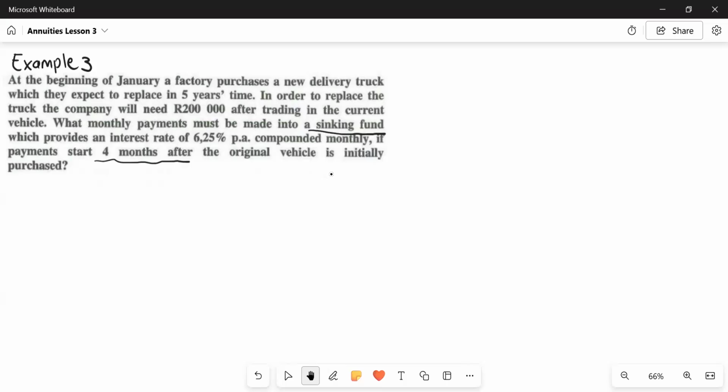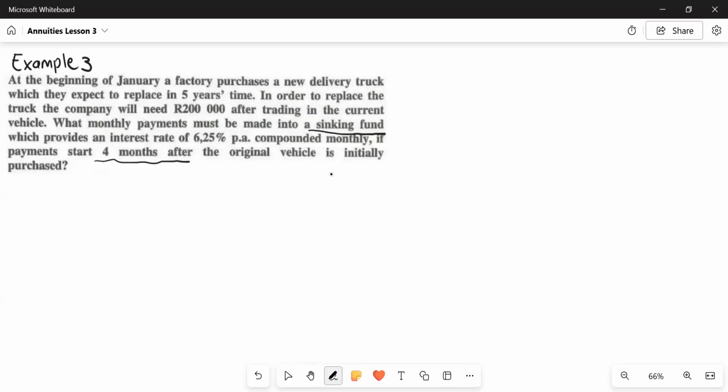Because normally for a sinking fund, the first payment is made 1 month after the purchase of the vehicle. But here, it was made 4 months after. So which means they've missed 3 payments. So now, we need to use a timeline.